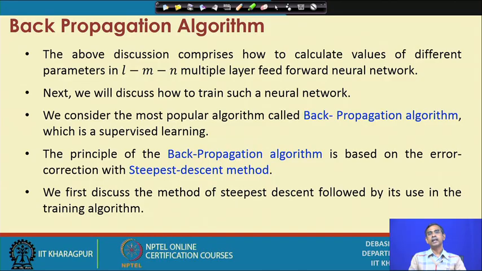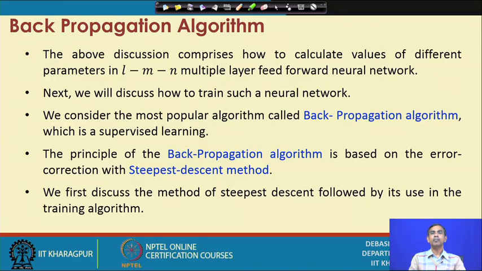So, it is basically an error minimization technique. There are many error minimization techniques, of course, like the least square error method, but here we will discuss one error minimization method called the steepest descent method. Here, one thing you can notice is that the back propagation algorithm is nothing but finding the values of the different neural network parameters which minimize the error.